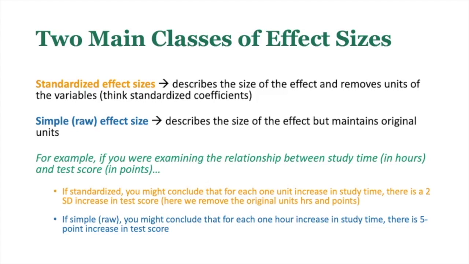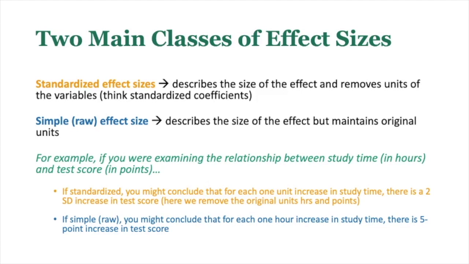So for example, if you were examining the relationship between study time in hours and test scores in points, we could look at this in two general ways. We could look at a standardized and a simple effect size. If it's standardized, you might conclude that for each one SD unit increase in study time, there is a 2 standard deviation increase in test score.